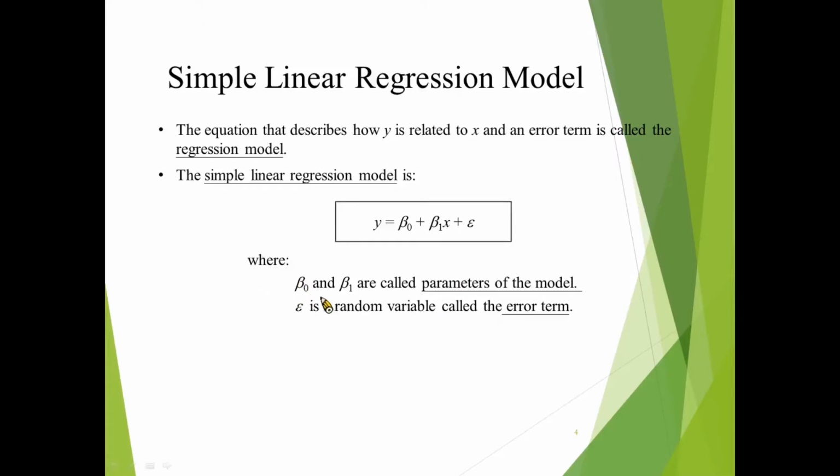Beta 0 and beta 1 are called the parameters of the model. Epsilon is a random variable called the error term. This has just one independent variable and one dependent variable. If it is multiple, you can have x1, x2, x3, and this is a multiple linear regression.